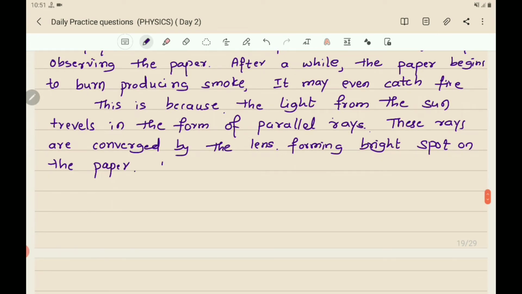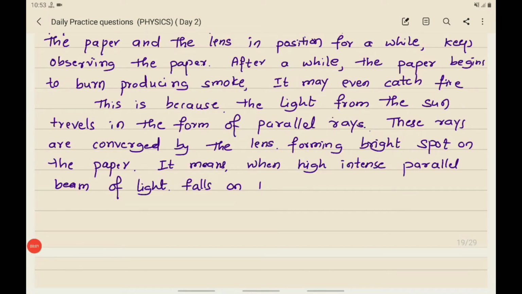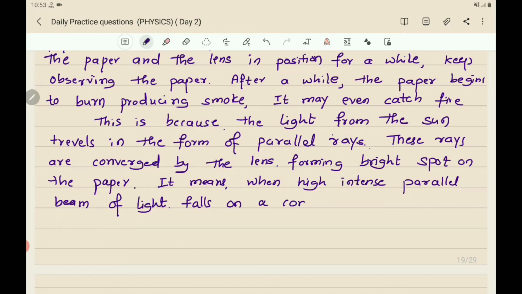It means when a high intense parallel beam of light falls on a convex lens, it converges and meets at the focus on the other side of the lens.